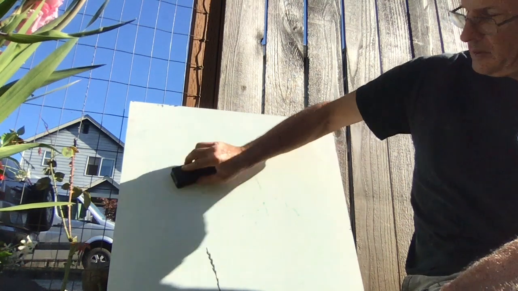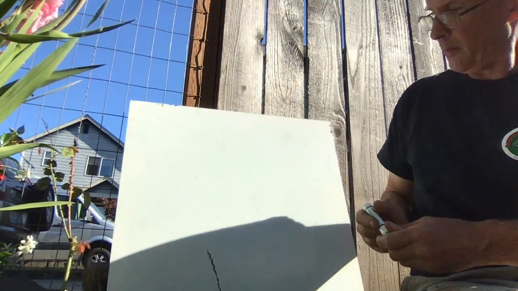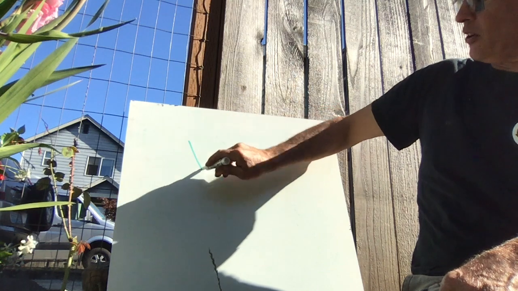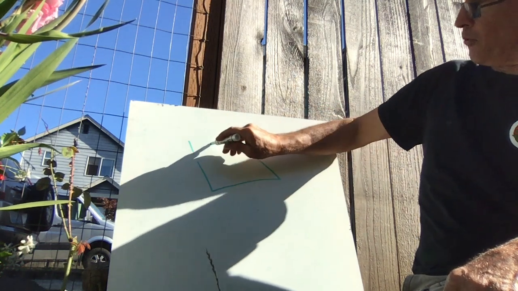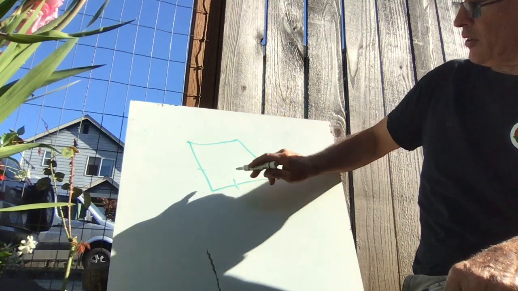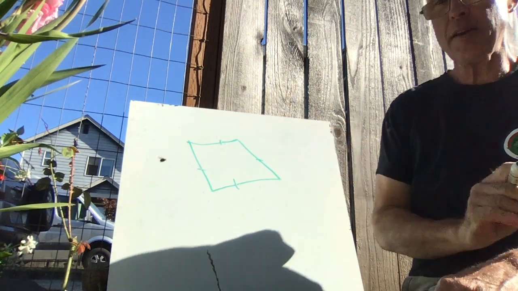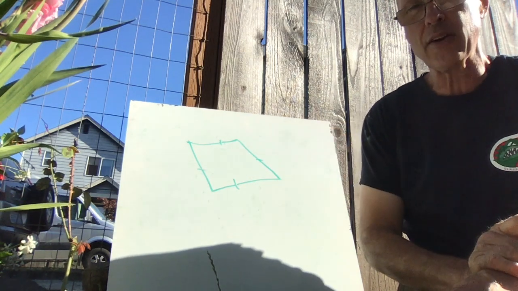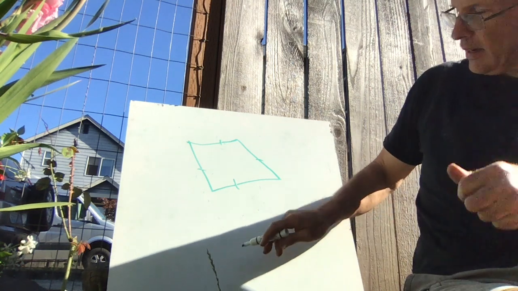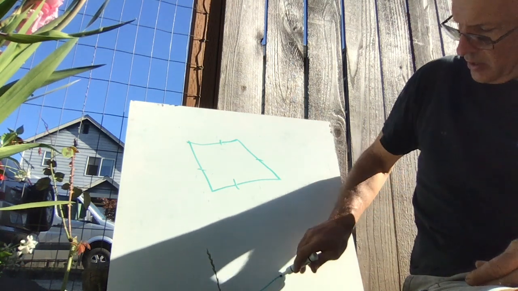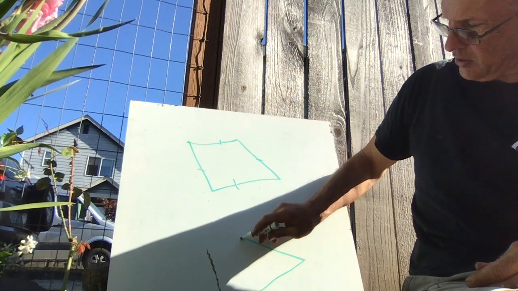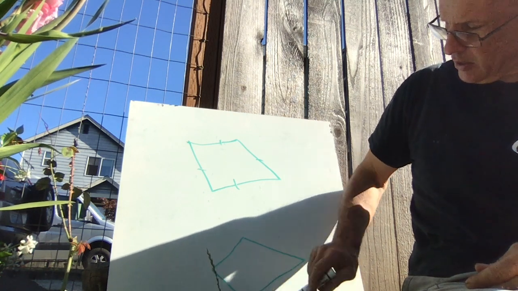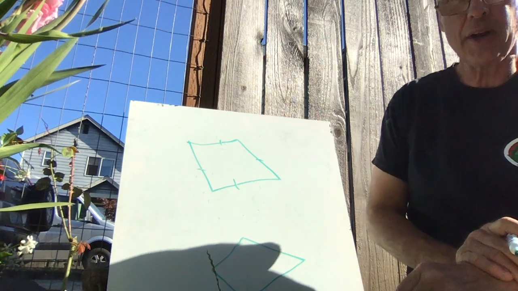Rhombi, if you remember, are figures that have 4 congruent sides, but not necessarily congruent angles. And kites are something that has 2 consecutive sides that are the same distance, and then 2 other ones.